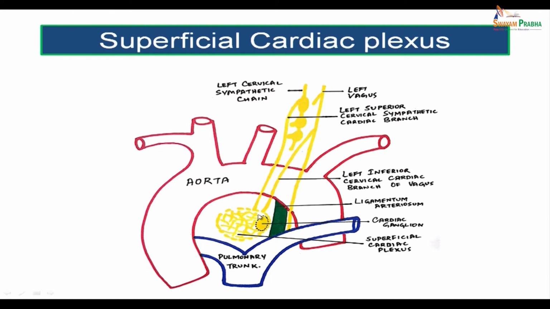This superficial cardiac plexus is medial or to the right of the ligamentum arteriosum, and this superficial cardiac plexus will also get connected with the deep cardiac plexus, and it also contributes to the left pulmonary plexus and the right coronary plexus.